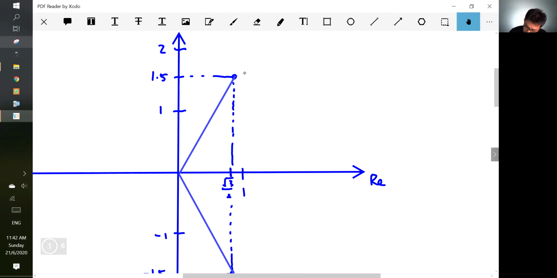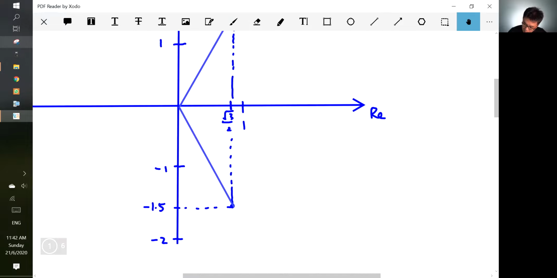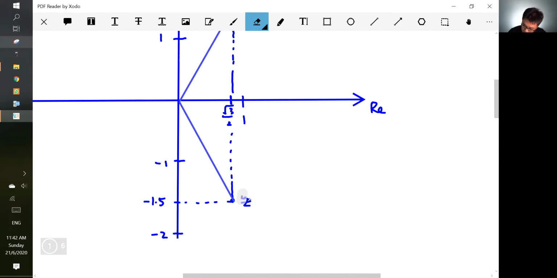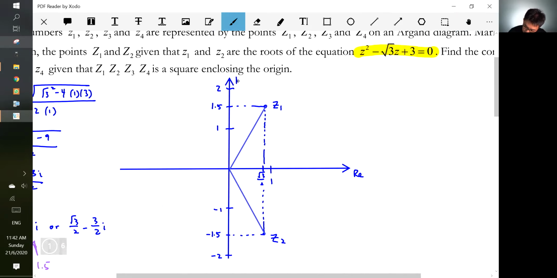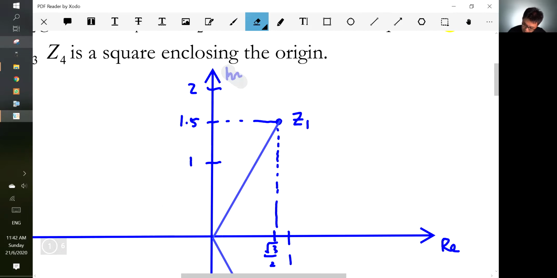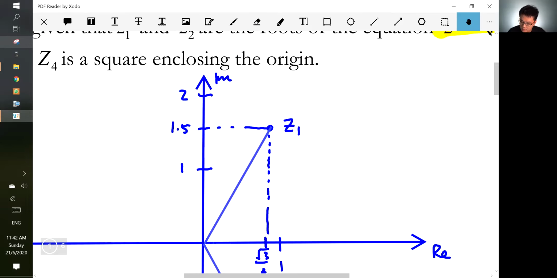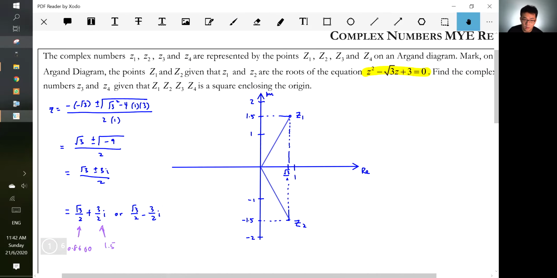I'm just going to put this as Z1, and there's Z2. Imaginary axis. Pretty great.